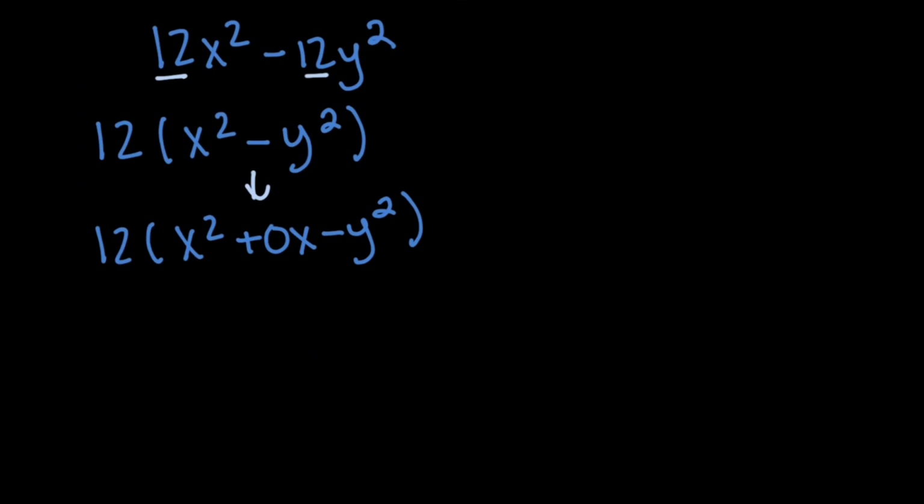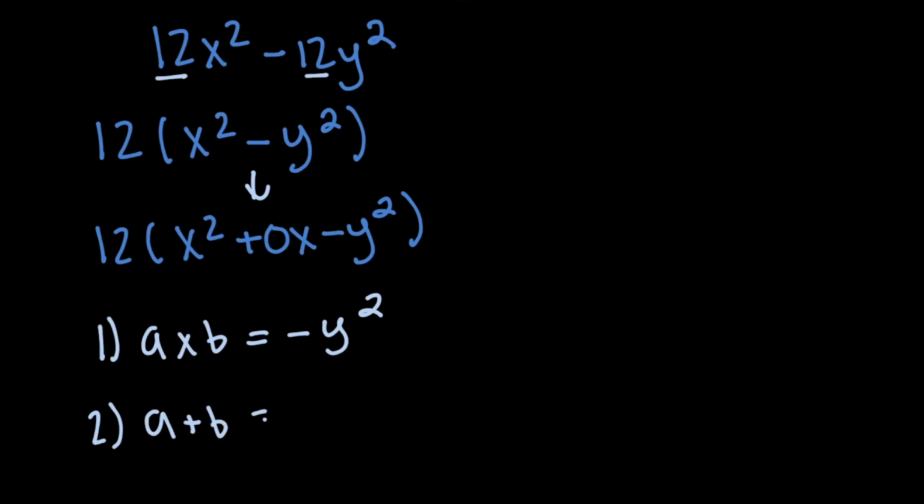So you can see that 0x term. And so our rule here will be that a times b has to equal our third term, negative y squared. Yeah, it's not a number, but it's still a third term. And we're missing the middle x term, so a plus b will equal 0.